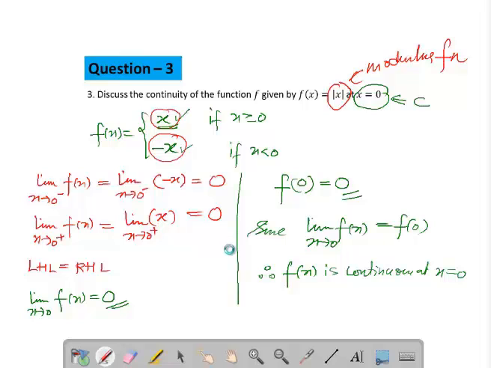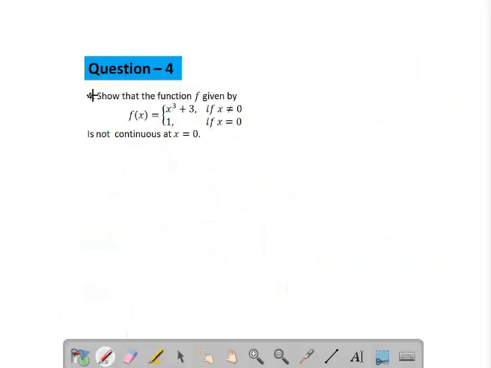Okay, the next question. Now fourth question, show that the function f given by this function is not continuous at x equals 0. First we are going to find the limit of the function when x is approaching very close to 0, and then we're going to find the value of the function at x equals 0, and then we're going to compare.